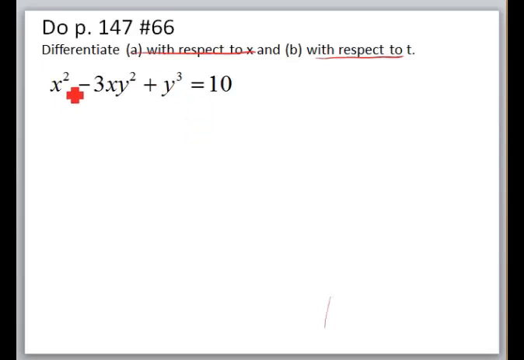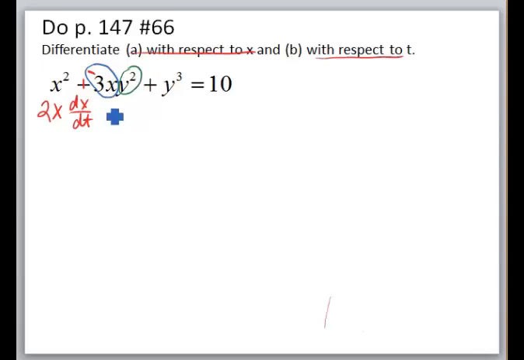So we're going to take the derivative of this x, which would be 2x, and we're taking the derivative of x with respect to t, so I'm adding in my dx over dt. I'm going to change this to plus the opposite. Otherwise, I'm going to end up losing my negatives, and that will be a problem later. So I strongly urge you to change your signs to plus the opposite, especially since we're doing a product rule.